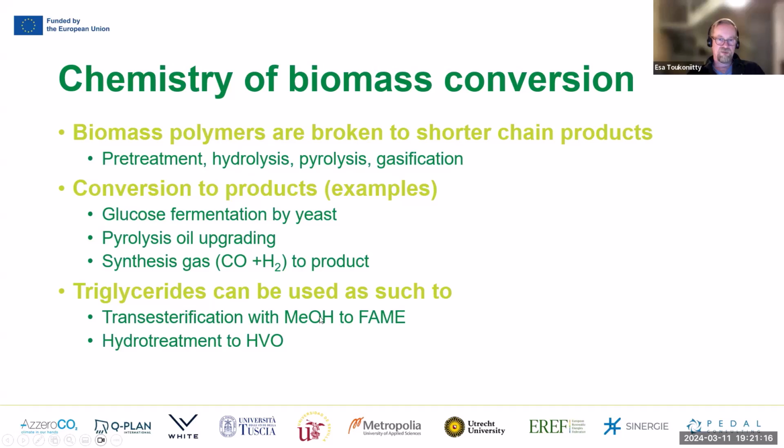But if you want a better quality fuel, you take the triglyceride, the oil containing material. It can be waste oil from somewhere, residue from a slaughterhouse or whatever. If you do this hydrotreatment, like according to those reactions that I showed a while ago, you can make this higher quality product, HVO diesel product, and so on.